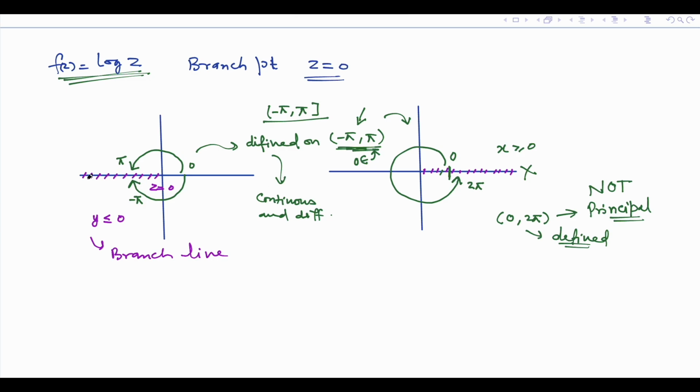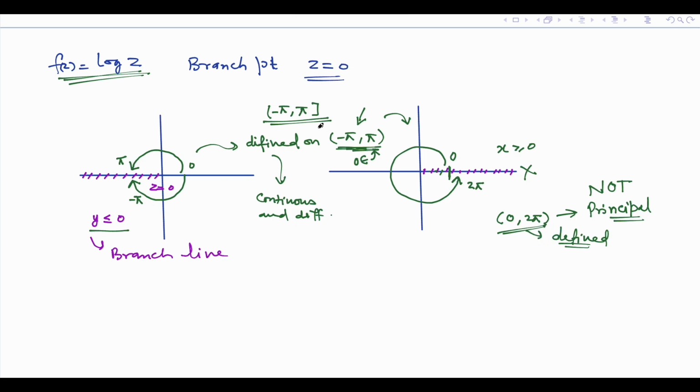So if I'm trying to deal with, let's say, the imaginary axis branch, then in that case this principal branch is okay. If I want to select this branch on the right-hand side, like the real axis branch, then you have to revise your interval.